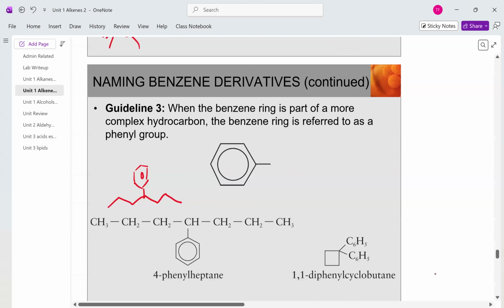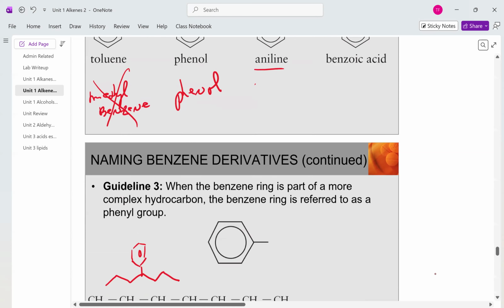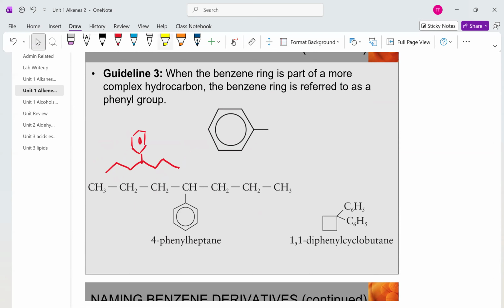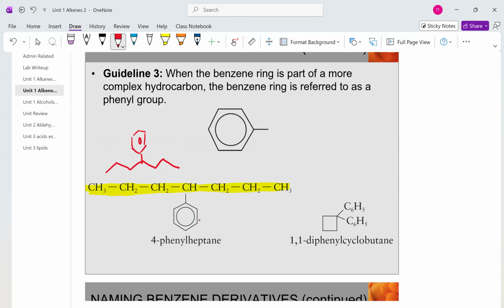Now, the weird thing about benzene: up here, the benzene is the base. Up here, the benzene is not the base. This is the backbone. The benzene is a branch. When it's a branch, so this is a branch here.